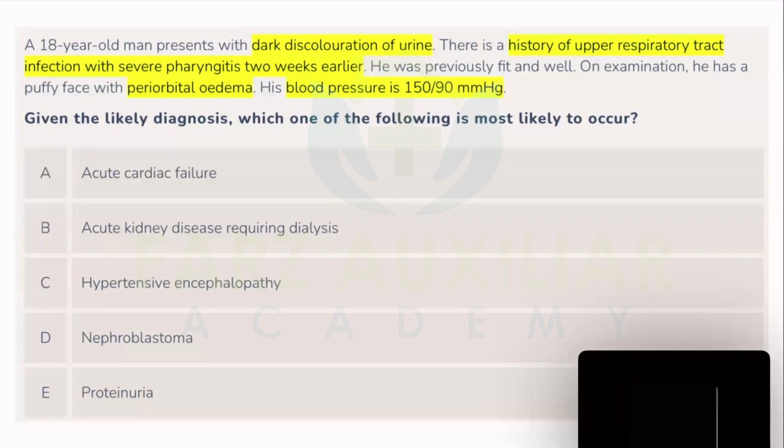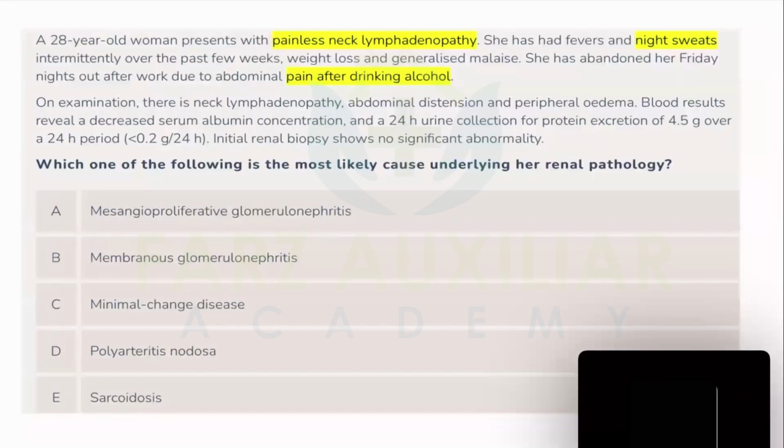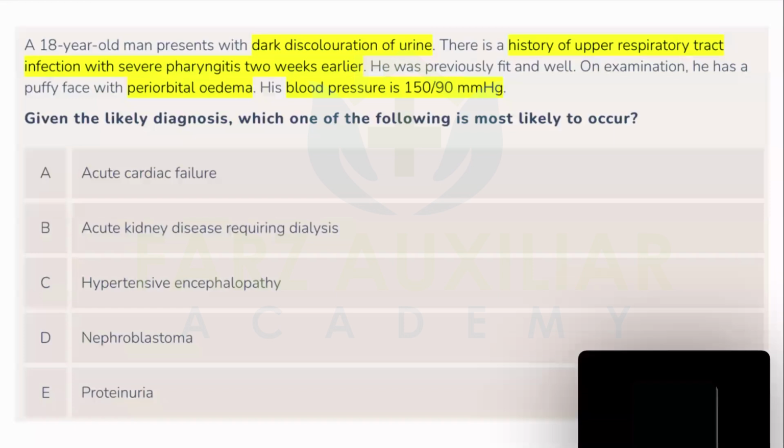Sir, can you go slow? Yeah. Did you get through this question? Just tell me when you want me to go slow. There is no issue. Okay, sir. Yeah. Let's go through this question.